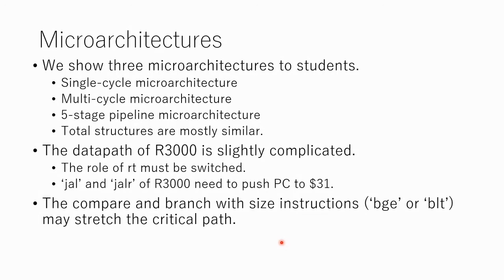So it loses some kind of orthogonality, and introduces complexity in the implementation. But on the other hand, the compare and branch with size instructions, that is, branch greater equal or branch less than implemented in RV32I, may stretch the critical path.